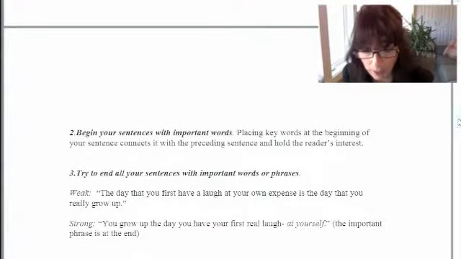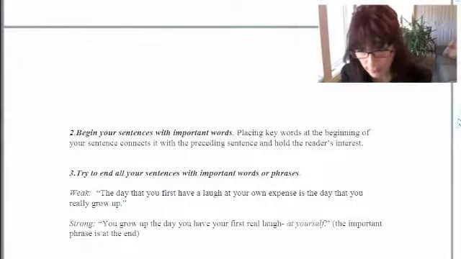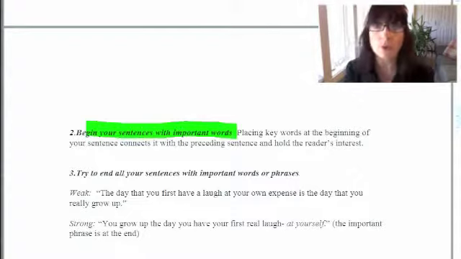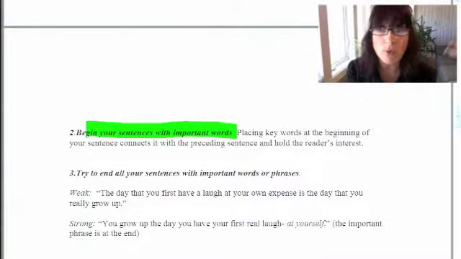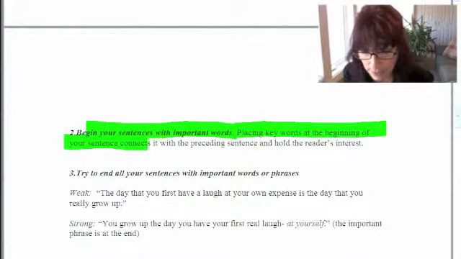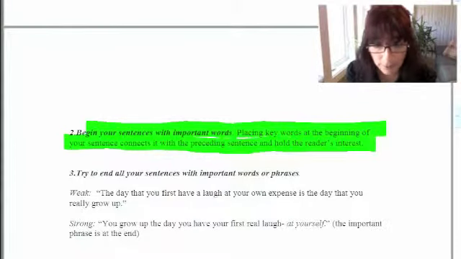Okay, a few other ideas of how to add emphasis to your writing. Begin your sentences with important words. Make sure that your important ideas begin each sentence. Placing keywords at the beginning of your sentence will connect it with the preceding sentence and hold the reader's interest.